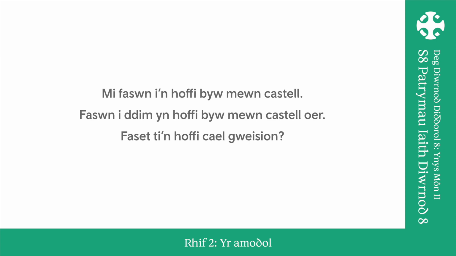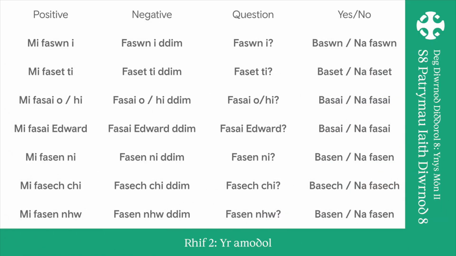Here is the full pattern. Mi faswn i, mi fasa ti, mi fasa o, mi fasa hi, mi fasa ni, mi fasa chi, mi fasa nhw. Faswn i ddim, fasa ti ddim, fasa o ddim, fasa hi ddim, fasa ni ddim, fasa chi ddim, fasa nhw ddim.